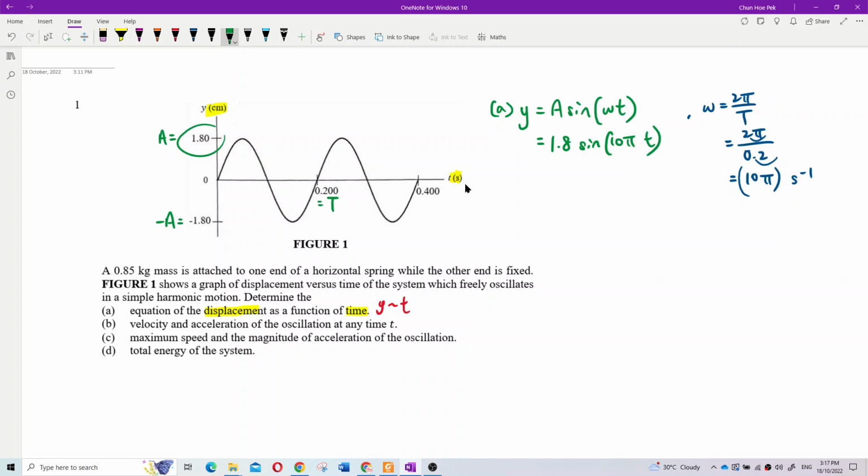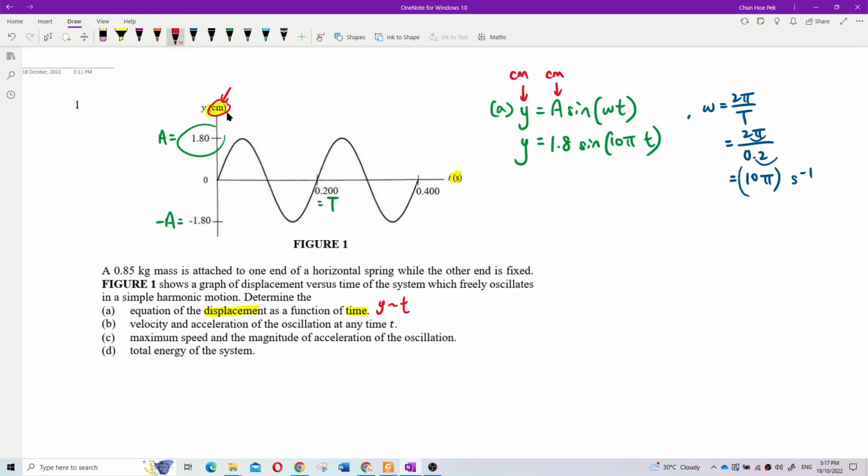So that's the answer. Okay, but not complete yet. You must write the unit. Just now here it shows that the amplitude is in centimeter, so the displacement also in centimeter.